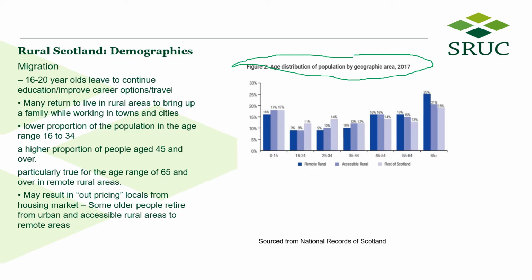A lot of these rural areas have not had the kind of accessible housing, either in terms of numbers or in terms of price, that meets the qualities that these young people need.